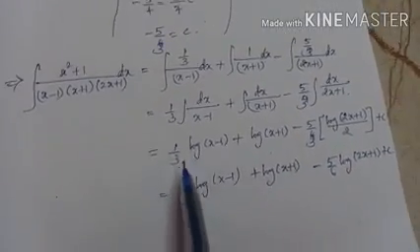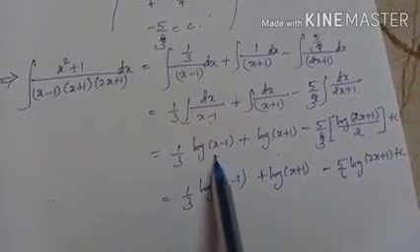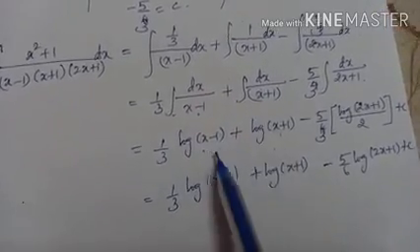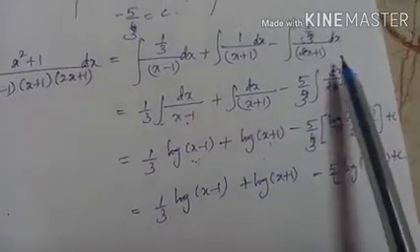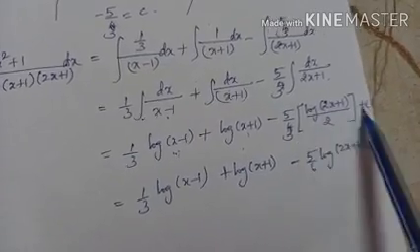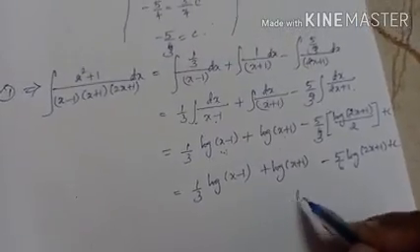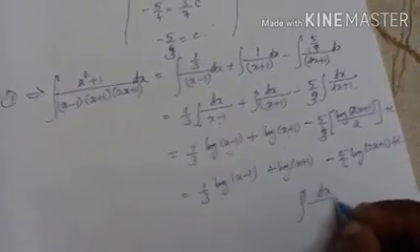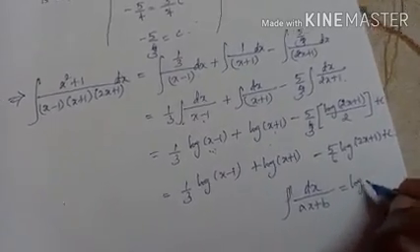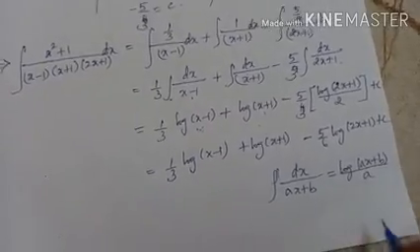I hope you know this formula, right? Integral dx by x plus a is log of x plus a. Integral dx by ax plus b is log of ax plus b by a, where a is the coefficient of x.